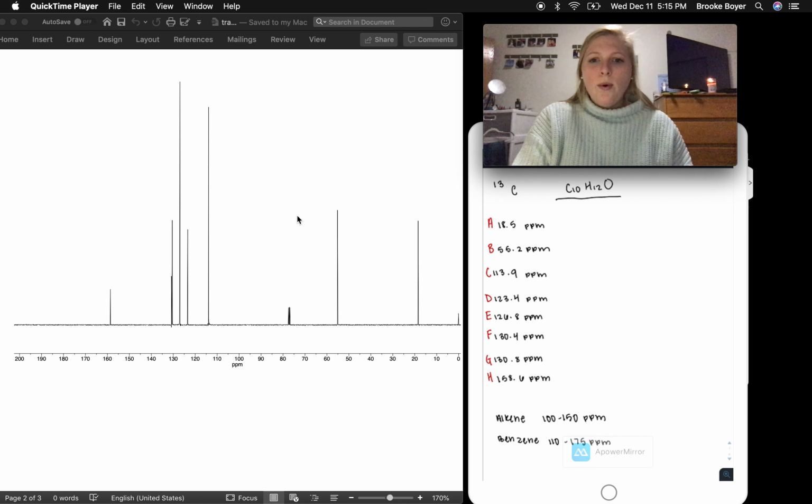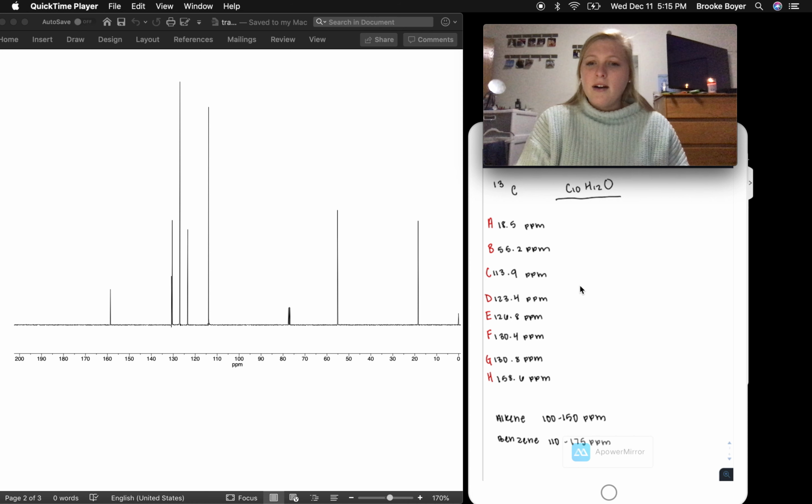What we know is that we thought there was going to be an alkene, and that would have a chemical shift of 100 to 150 ppm. So there are 5 chemical shifts in there on our carbon NMR. And then we know that benzene carbon has a chemical shift from 110 to 175, which we have 6 of those.